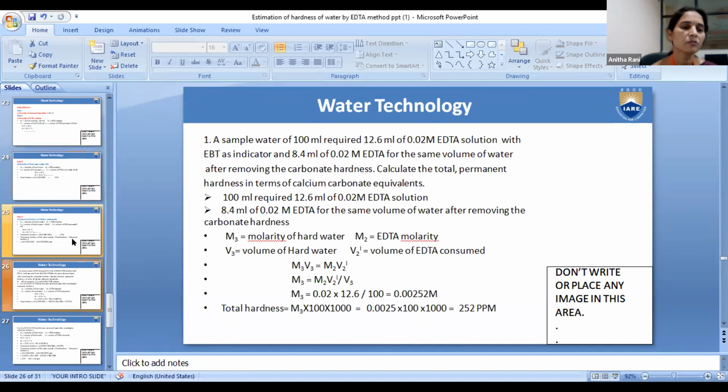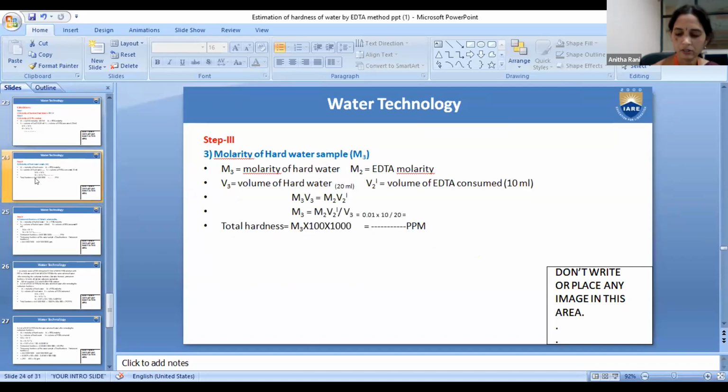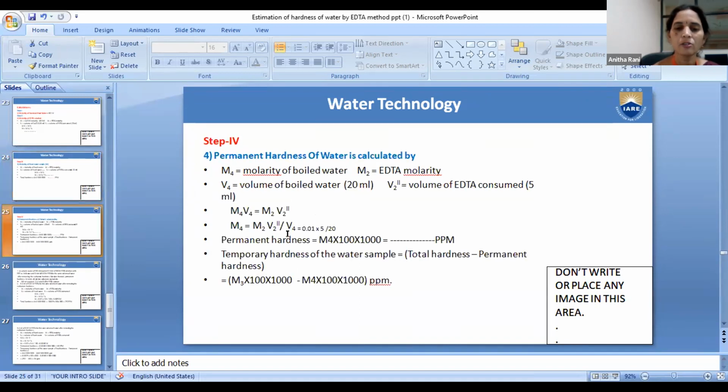Step 4 also, M4 into 100 into 1000, convert into ppm. So this is the calculation for hardness of water: finding total hardness and permanent hardness, and you can find out temporary hardness also, total hardness minus permanent hardness.